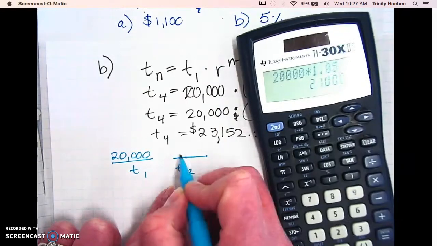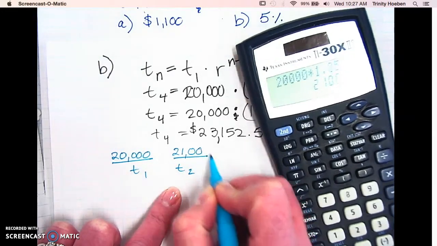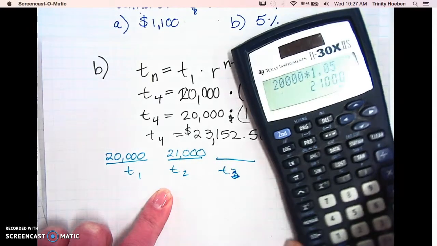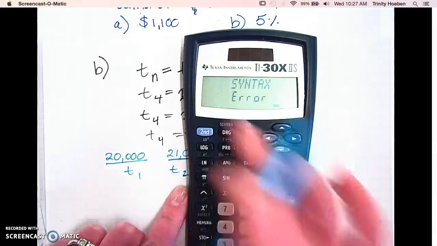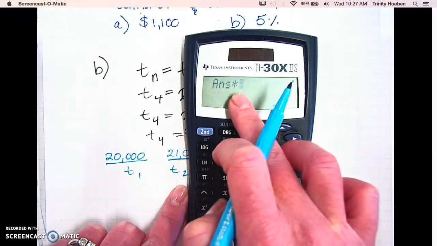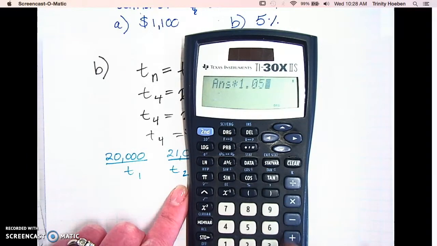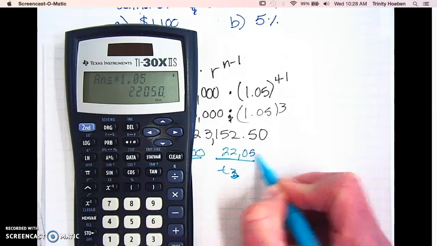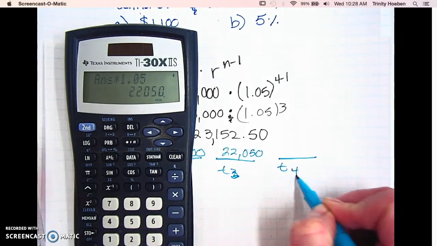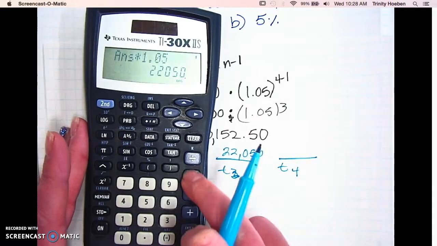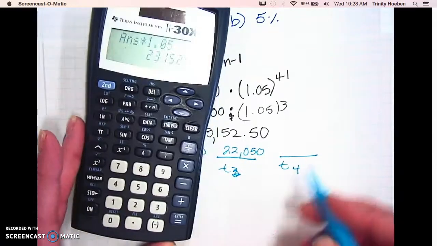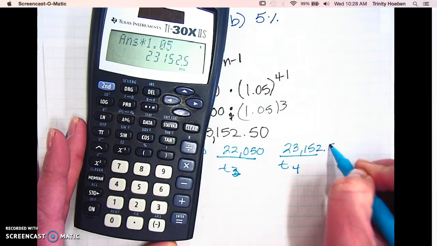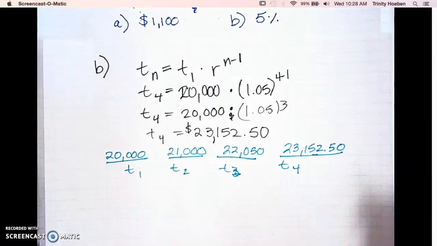So he's going to get 21,000 second year. Just leave that number in the calculator, because when you hit multiply by, it takes the previous answer and multiplies it by 1.05 again. And he's up to 22,050. And year 4, just leave that number in there, hit the multiply, 1.05, $23,152.50. Got the same answer.